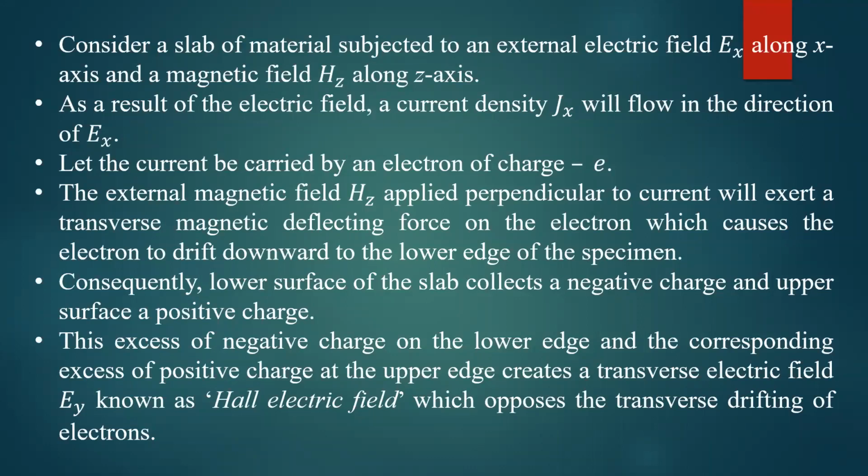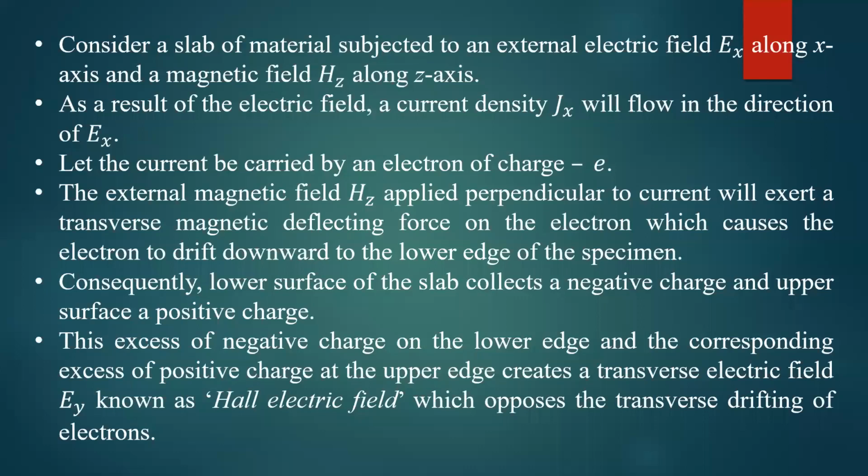There will be more potential at the upper surface, and less potential at the lower surface, because it is at negative potential because of the collection of electrons. This potential difference produces a voltage called Hall voltage.